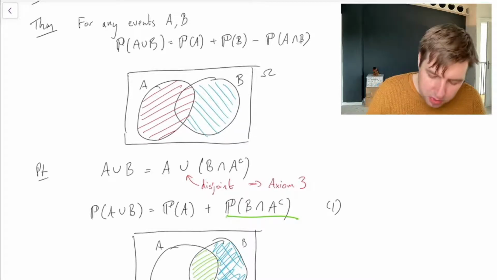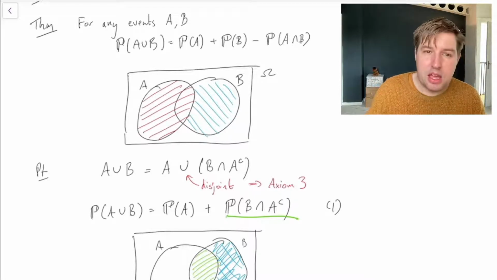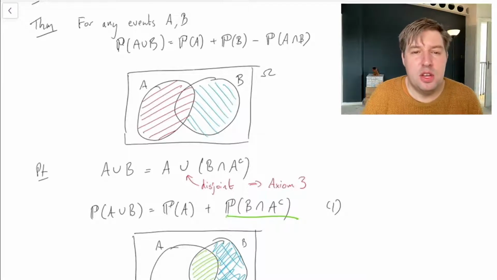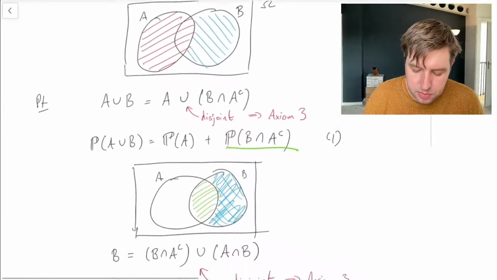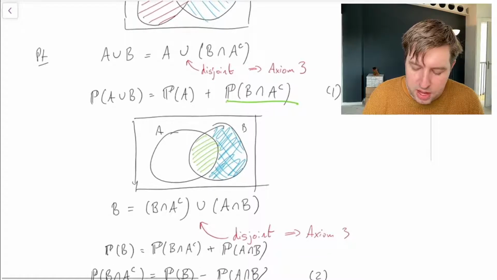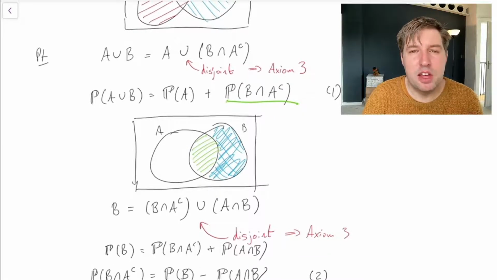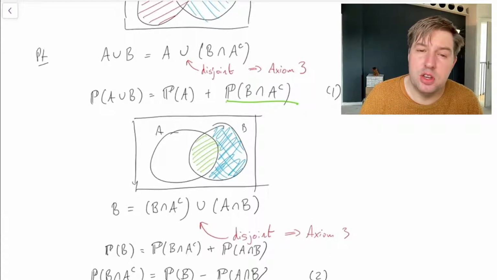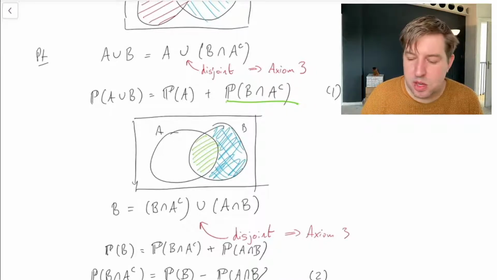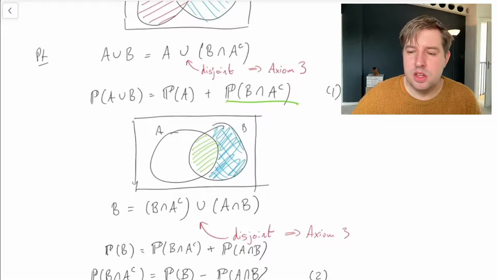The first thing was we wanted something about probability of A union B, so we found this disjoint union in the top picture. And then we had this awkward set B intersect A complement hanging around, but we found another disjoint union that involved that. And then by applying axiom 3 twice, we got what we want. So although that seemed difficult, there's actually no individual step that's hard, right? Look for disjoint unions, apply axiom 3.